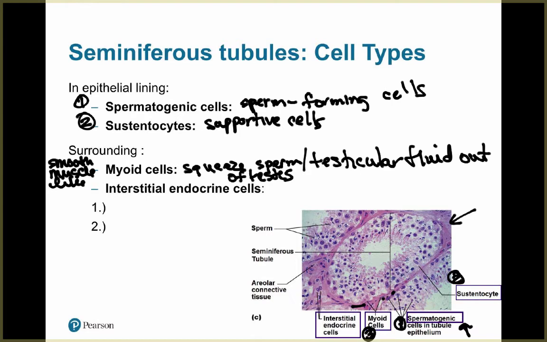Now the last one is here: these interstitial endocrine cells, which are also known as Leydig cells.